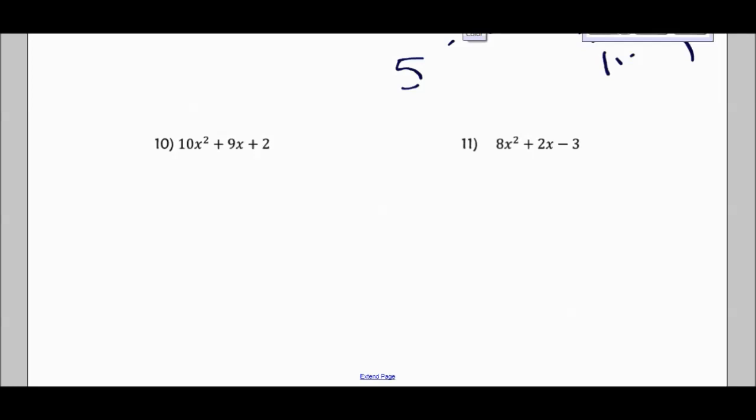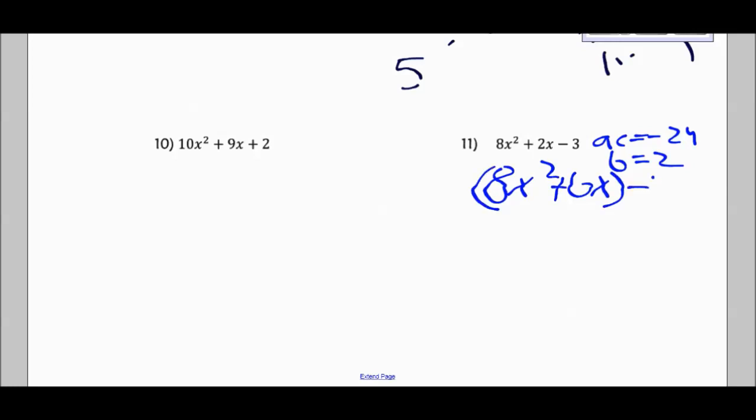So first we're gonna find the AC. AC is minus 24. And then B is 2. Get 8x squared plus 6x in parentheses.